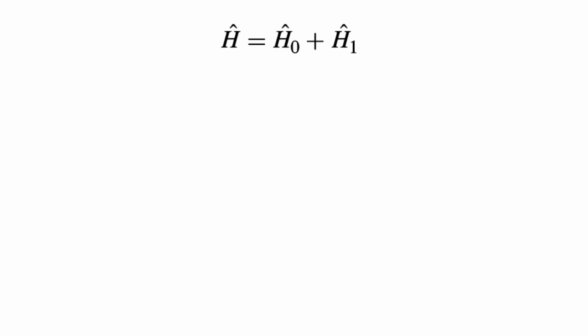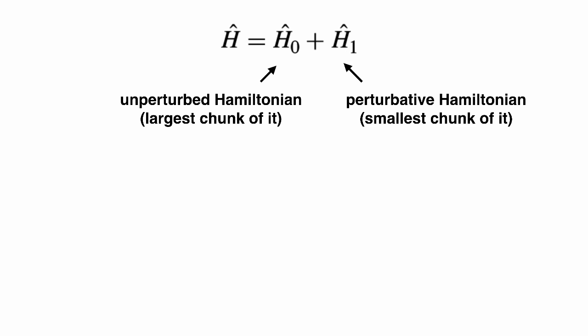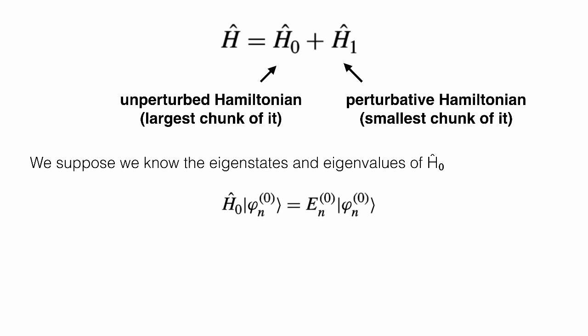Okay, suppose we can write the Hamiltonian this way, H0 plus H1. H0 is the unperturbed Hamiltonian, the largest part of the problem, and H1 is the perturbative Hamiltonian. The idea is that we can solve the eigenvalue problem for H0, but we cannot solve it for H. We are going to build the solution for the Hamiltonian H on the basis of the known solution for H0.